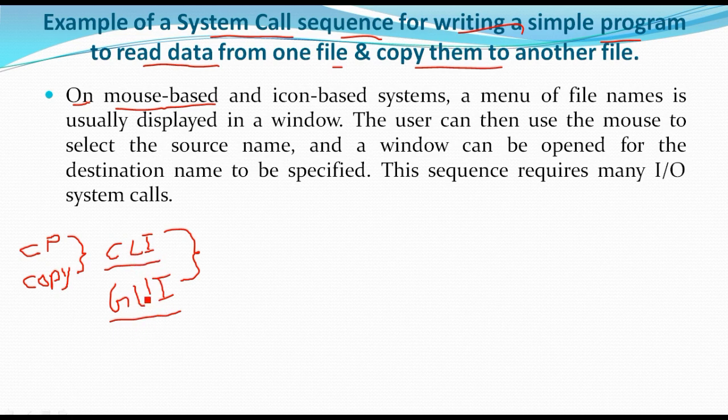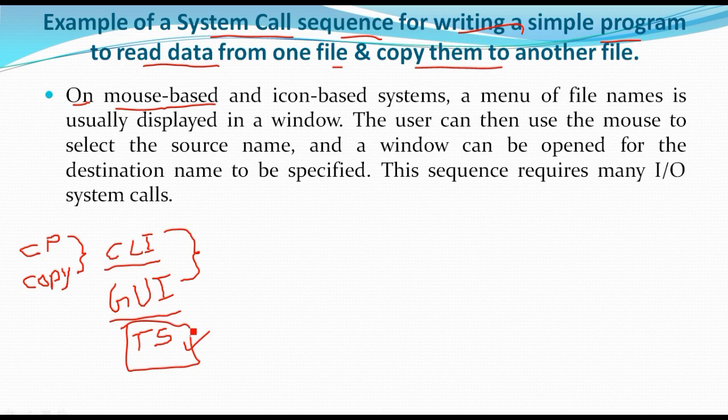In GUI, we had also discussed the touch screen. Nowadays, in mobiles and tablets, we are using a touch screen GUI environment. So that third approach of the interface of the operating system was also discussed in the previous lecture.